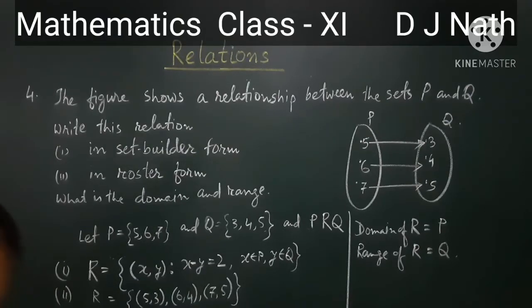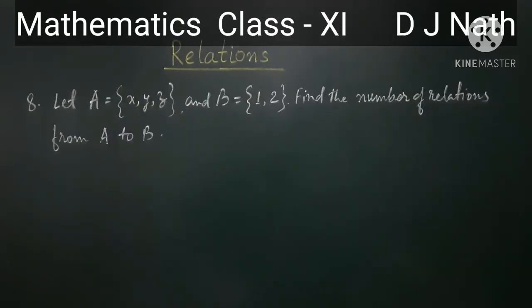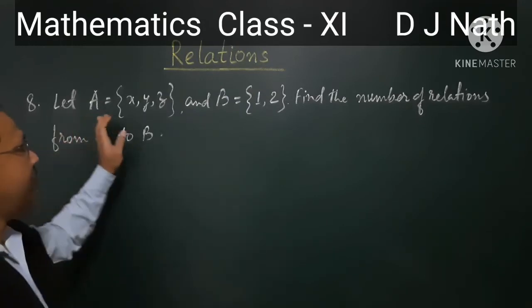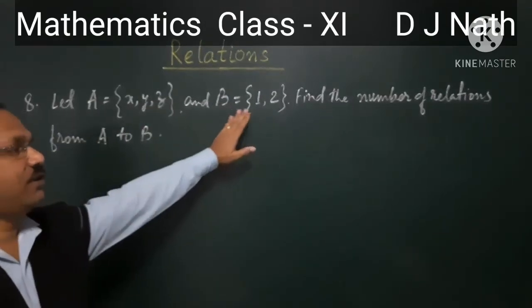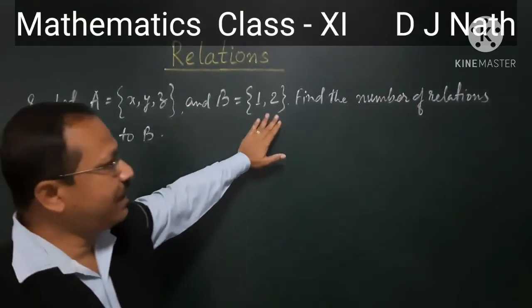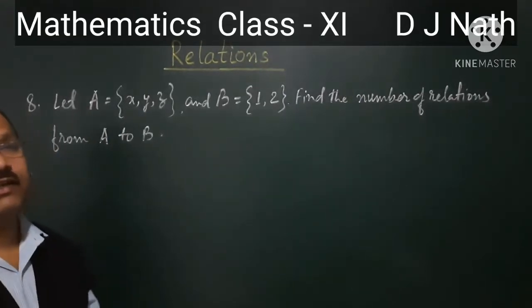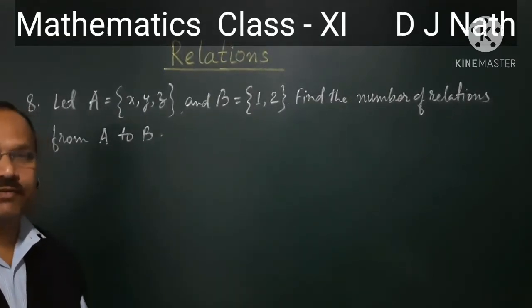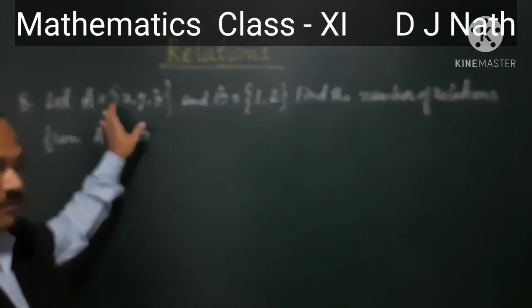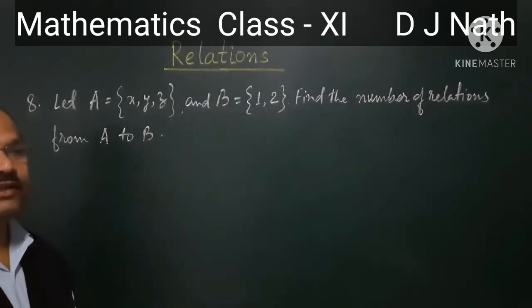I hope the rest of the questions you can do. I will show the last question of this. Let A be equal to {X, Y, Z} and B be equal to {1, 2}. Find the number of relations from A to B. How many relations can be made from A to B?